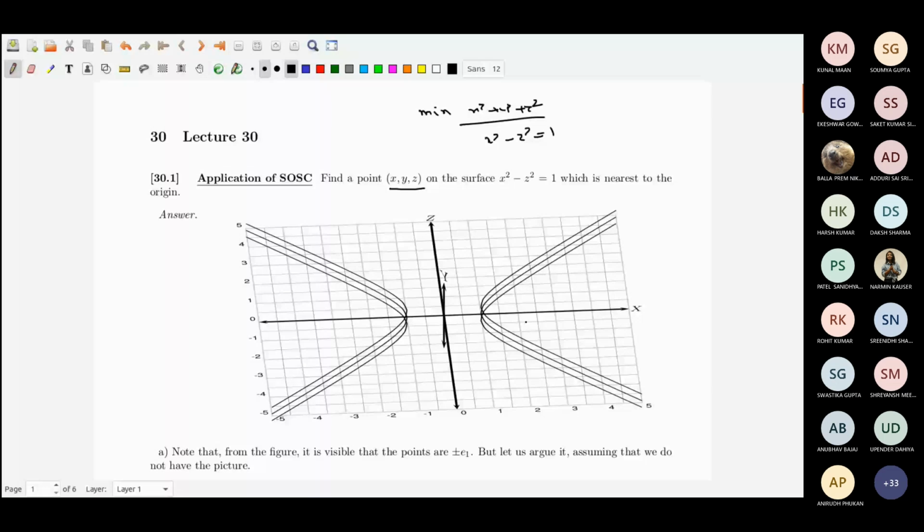Rather, I should not say hyperbolic surfaces. That's not the case.